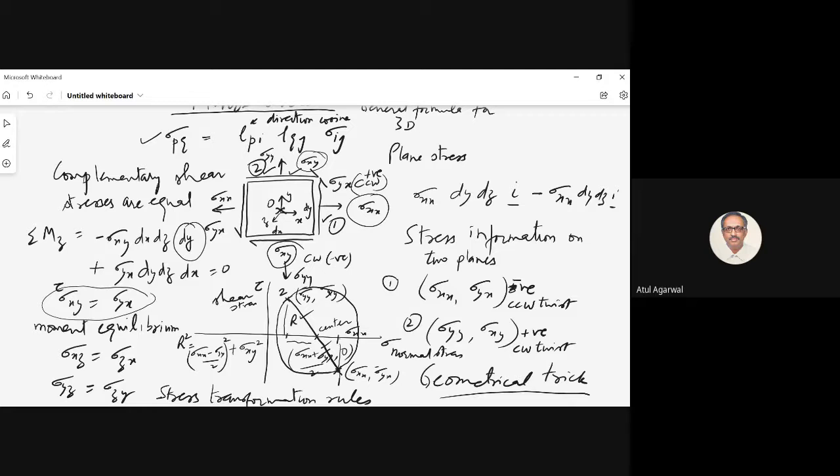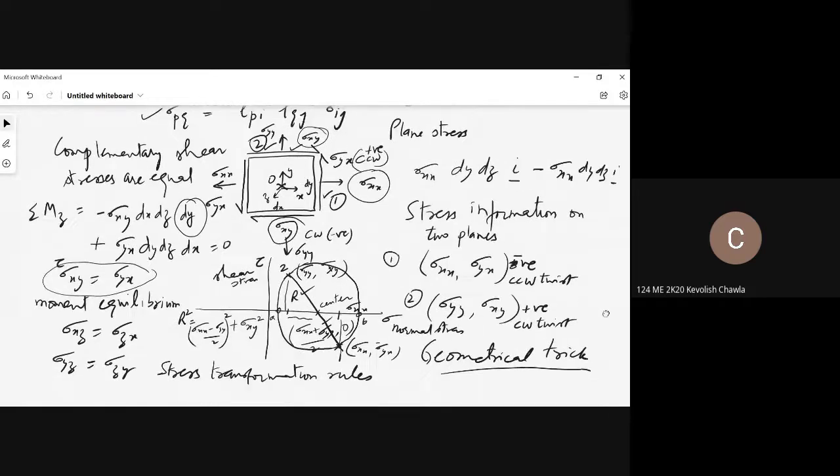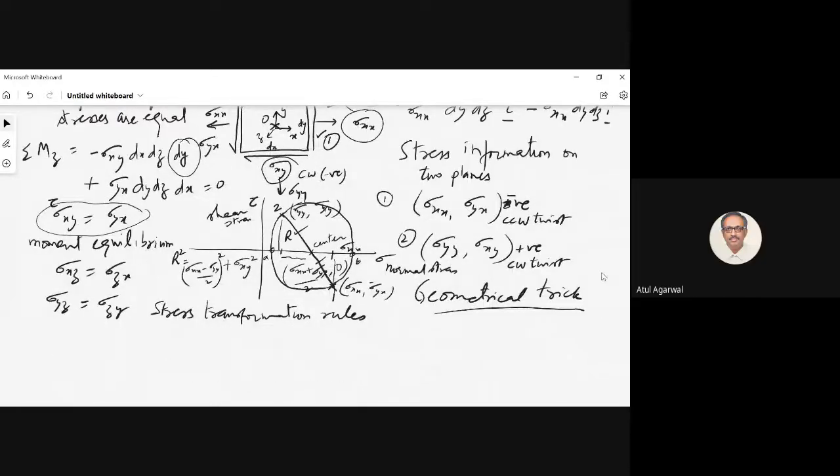Can you find the values of these 2 points? So let's call this point A, this point B. Can you find sigma B? Yes, sir. We can. Okay. So the higher value is called the maximum principal stress. So what is the maximum principal stress?